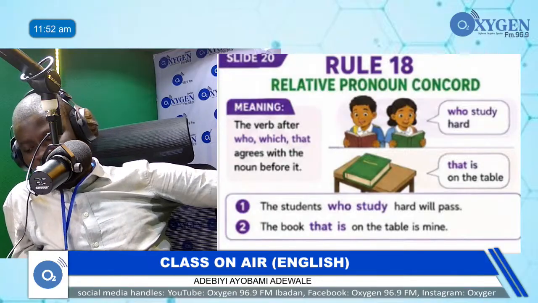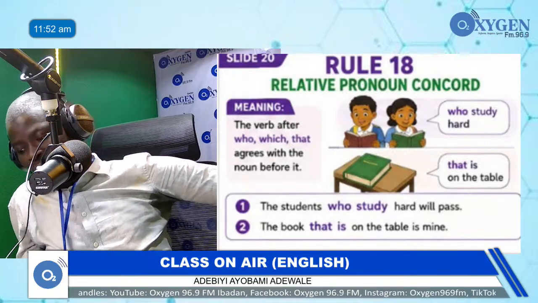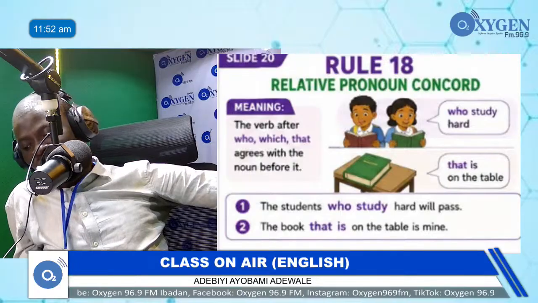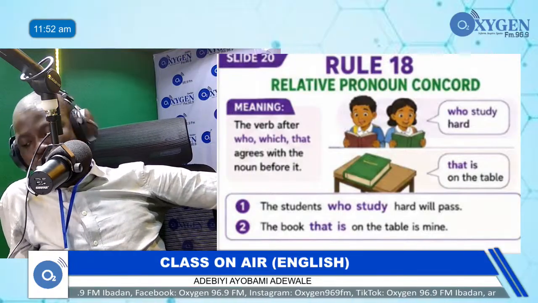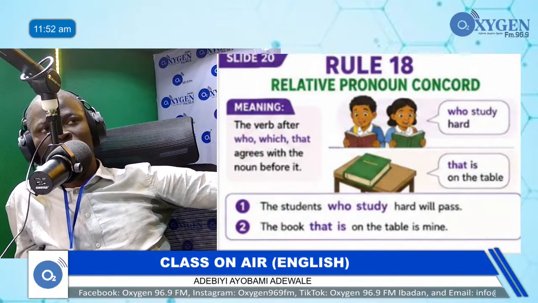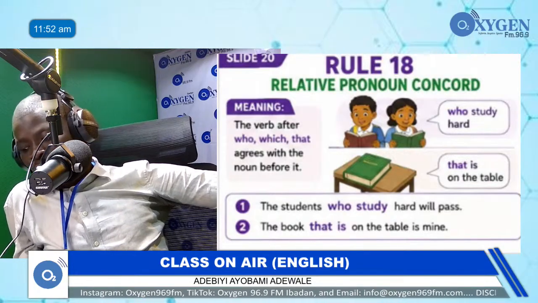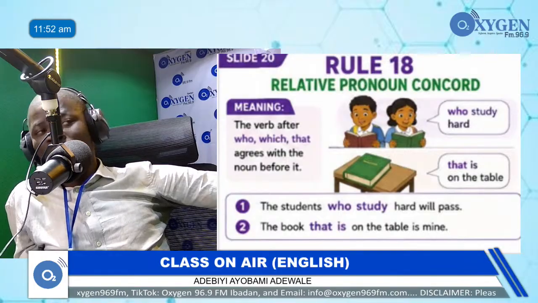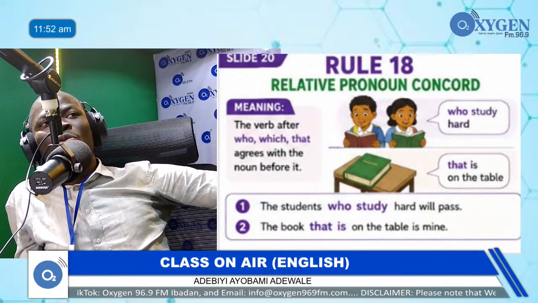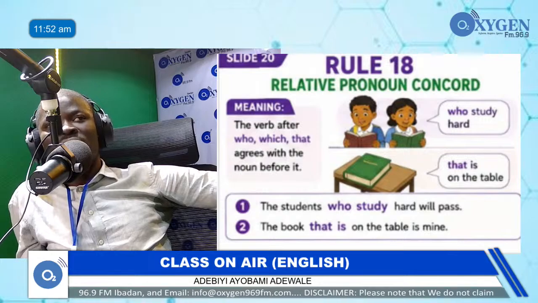However, there is an exception that I want us to take a look into here. Look at this expression: one of those who. If you use one of those who, it is what comes before one of those that determines the verb it will take.